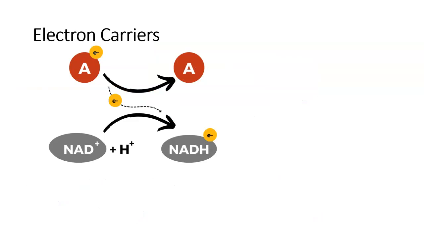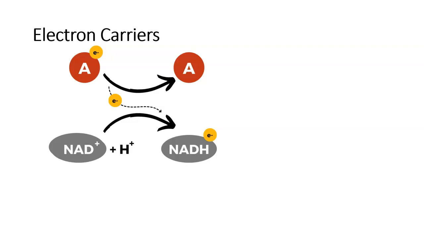While electrons can travel from the electron donor to the acceptor in a single step, in biological systems, redox reactions often happen in many sequential steps. In these cases, an intermediate molecule can serve as a temporary electron carrier. These molecules can help transfer the electrons from one molecule to another.